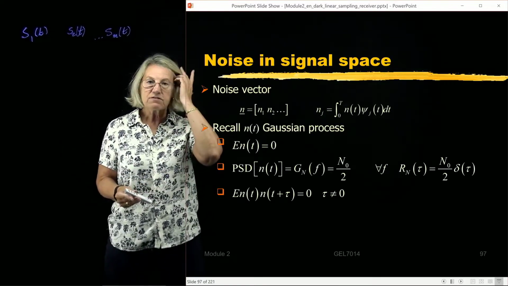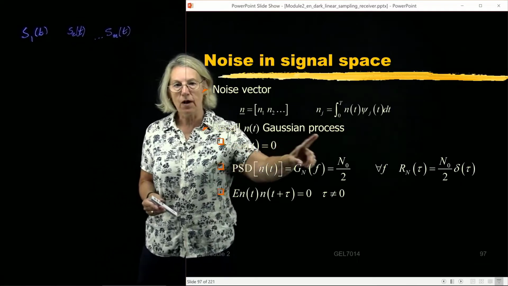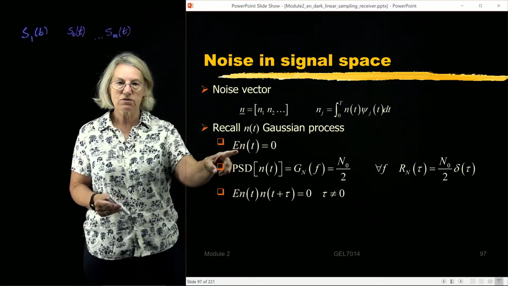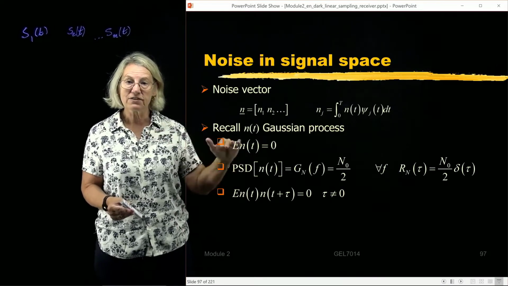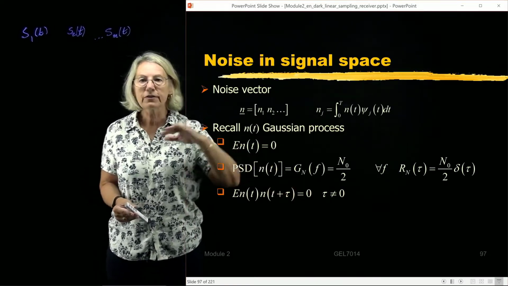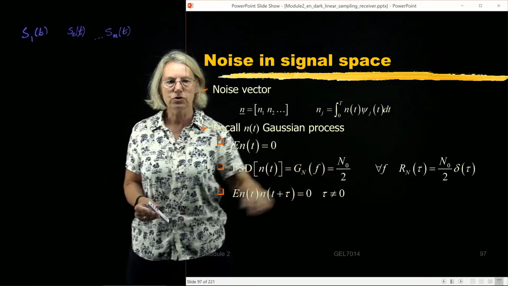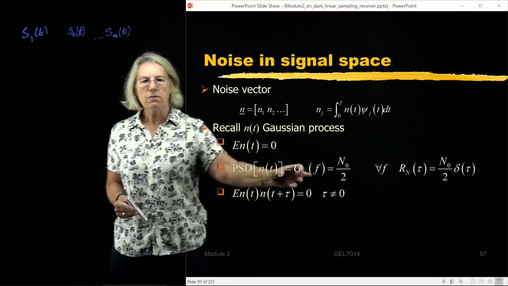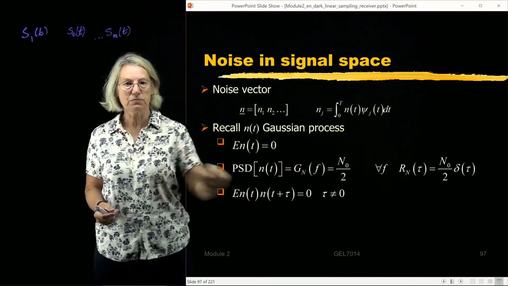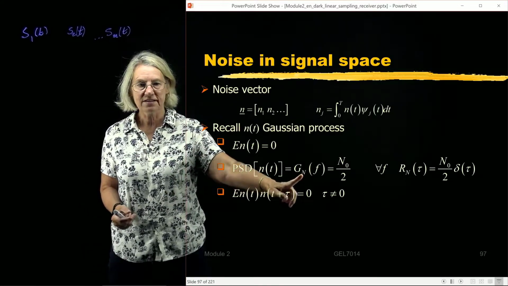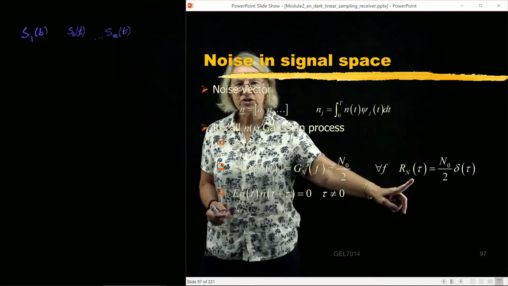Now we know that n(t) is a Gaussian random process. We know that it's zero mean. We know that its power spectral density is flat. That means it's constant for all frequencies. It's equal to N0 over 2. Now once we know the power spectral density is flat, we have the Fourier transform relation between the power spectral density of the noise and the autocorrelation function of the noise.